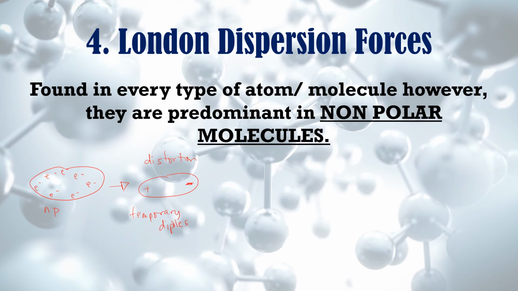So if one temporary dipole from a nonpolar molecule is brought near another temporary dipole of a nonpolar molecule, then the LDF will be found in here. So here is your London dispersion force. It's only made from temporary dipoles of nonpolar molecules.